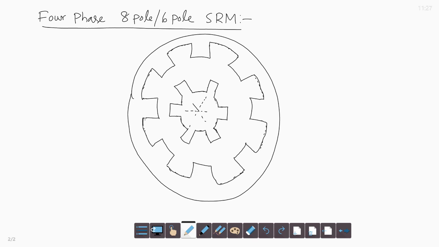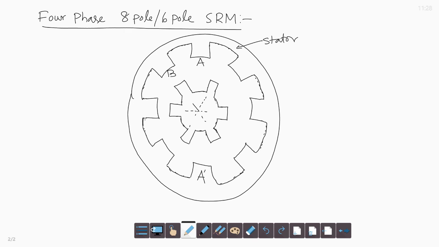As you can see there, this is the stator which has 8 poles, and this is the rotor which has 6 poles, and because there are 4 phases in the stator, this is phase A and A dash. This is one phase only.